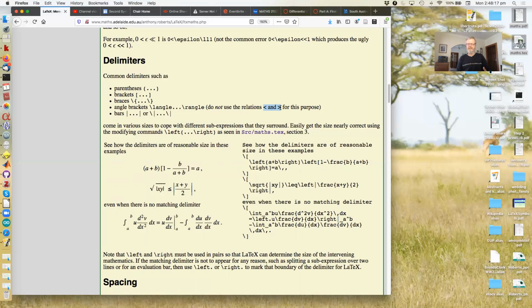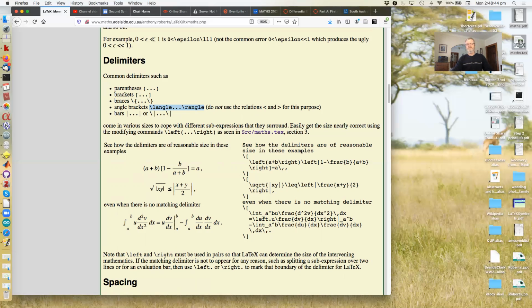They're treated differently. Delimiters don't necessarily have space around them, and they come in various sizes. The relations have space, and they're the one size. So especially for the physicists and the mathematicians, we are generally the ones who use angle brackets, \langle and \rangle.